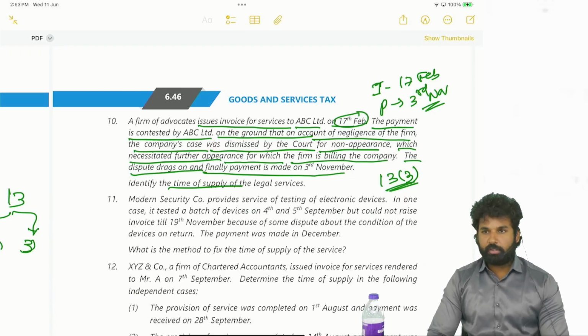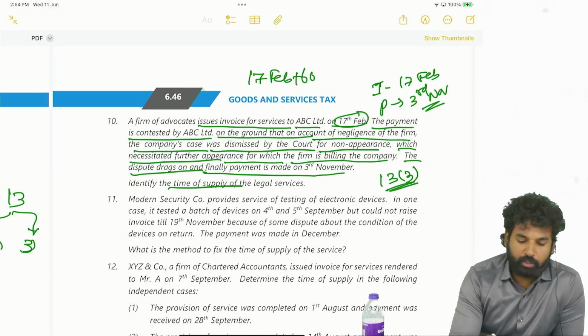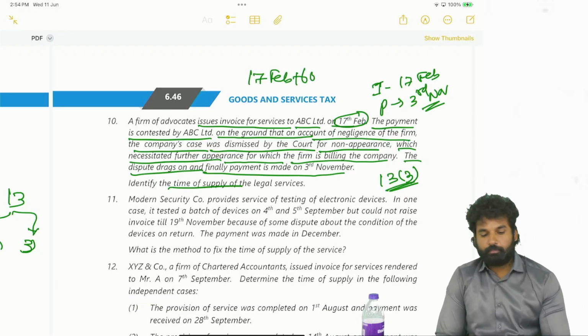17th February plus 61st day. In February, 9 days. So 17th Feb plus 60 days, 61st day, or 3rd November.